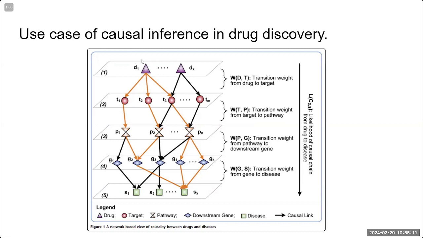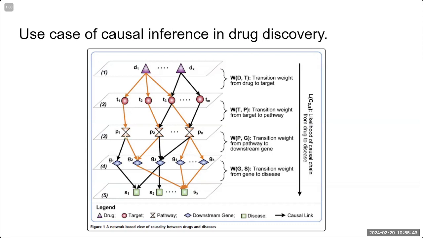We can think that drug 1 triggers target 1, target 2, and target 3. So there is a cause and effect relationship between drug 1 and target 1, target 2, and target 3. For each target, there are some pathways related to it. For example, target 1 has pathway P1, target 2 has pathway P2.